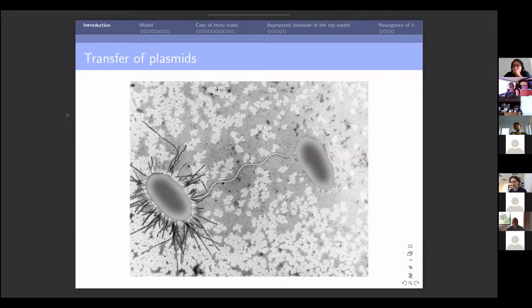Plasmids are small circular DNA strands in bacteria, and they are able to be exchanged horizontally, which means not through descent, which is usually called vertically, but horizontally between individuals which are not necessarily related genealogically.